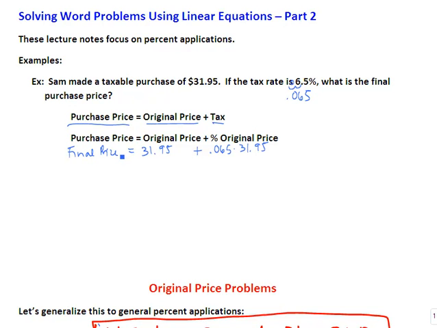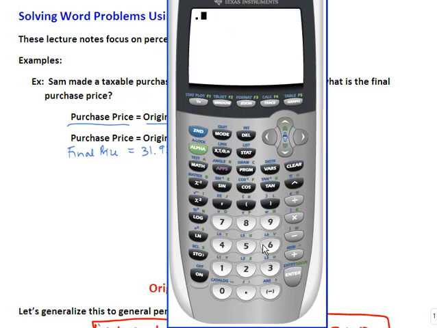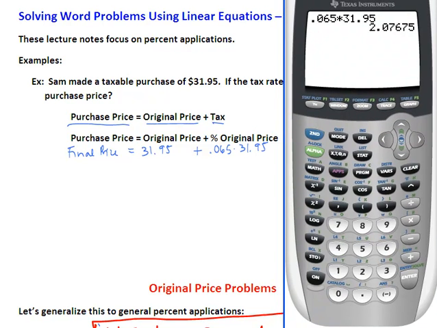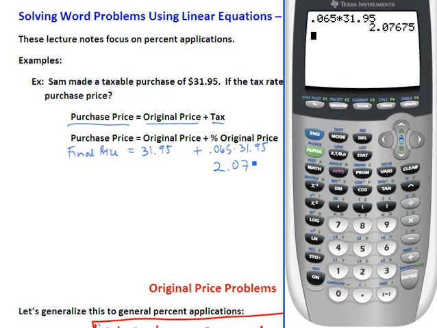So let's go ahead and calculate this. We're going to take 0.065 times 31.95. Hit enter. So that's the tax that we have to end up paying. And what we're going to do next is add into that 2.07675.